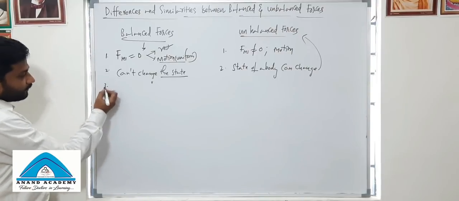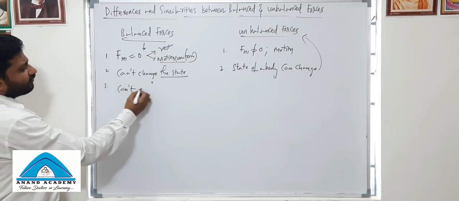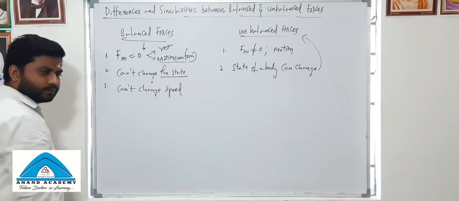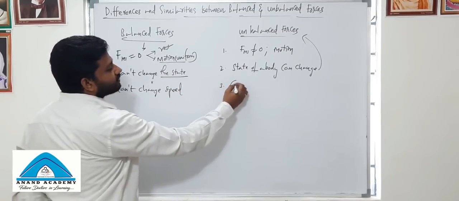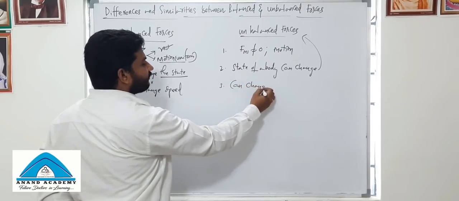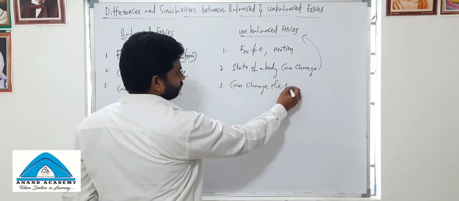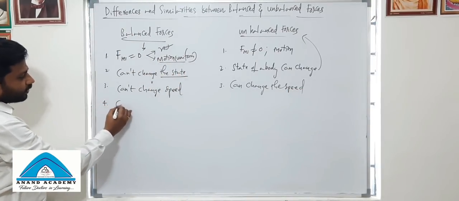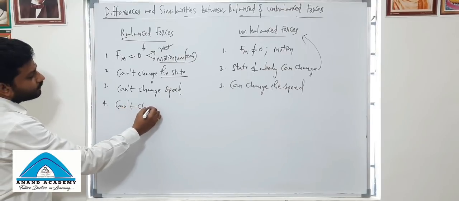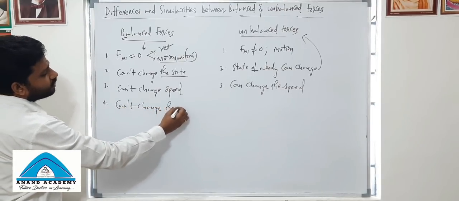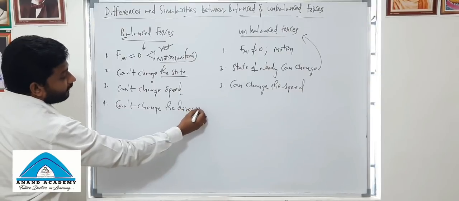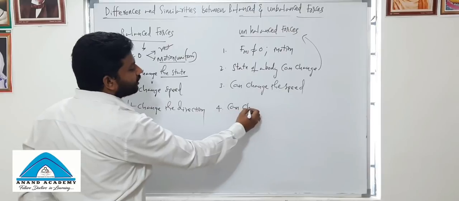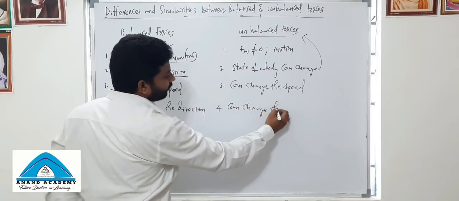Right? The third point: balanced forces cannot change the speed of a body, but unbalanced forces can change the speed of a body. And balanced forces cannot change the direction of the body, whereas unbalanced forces can change the direction of the body.